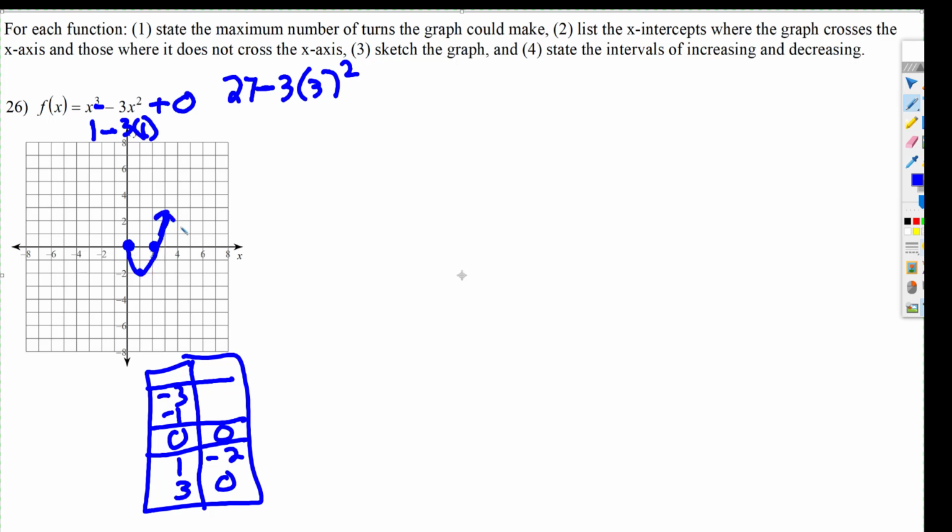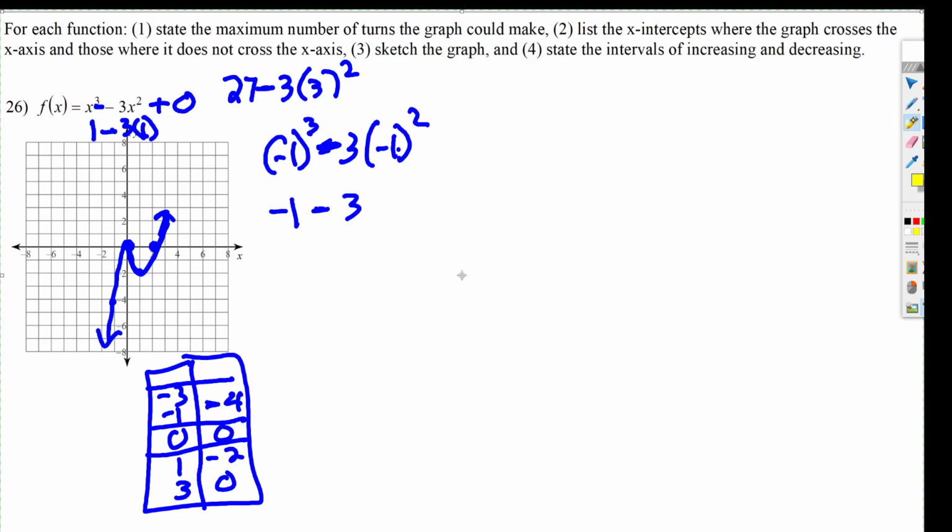That looks about right. Now let's put in -1. Well, -1 cubed is -1. Subtract 3 times -1 squared. Well, -1 squared is 1, 1 times 3 is 3. -1 subtract 3 is -4. So at -1, we're down here. Look at that, that's all the information we need. We already had 0, 0. We plugged in 3 numbers, and we get a plausible graph for that.